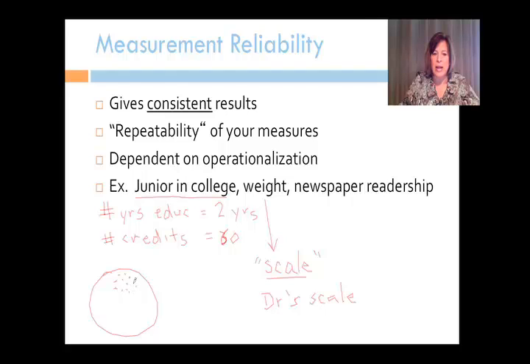If they're all right near each other, that's a fairly reliable measurement. If they're far apart from each other, it's not a reliable measure. Reliable, not reliable on this one.